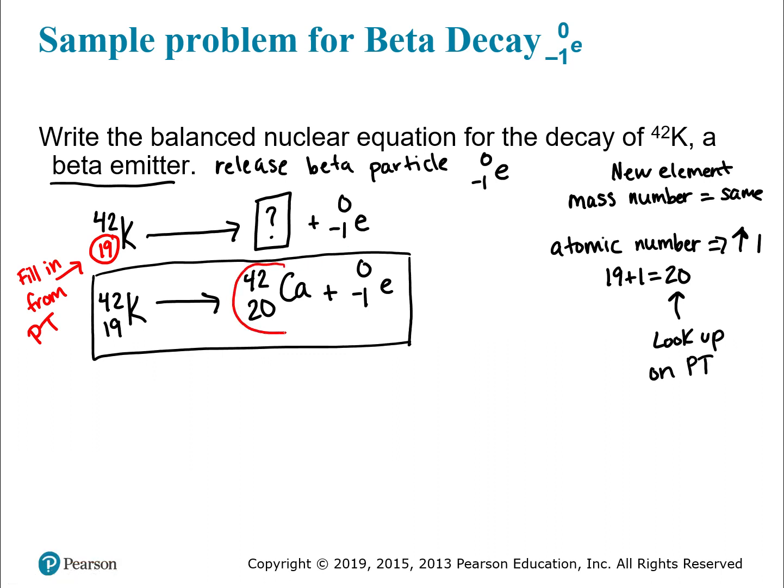We had to figure this part out. So don't forget, your periodic table is your friend. You can always identify an element if you know the atomic number.